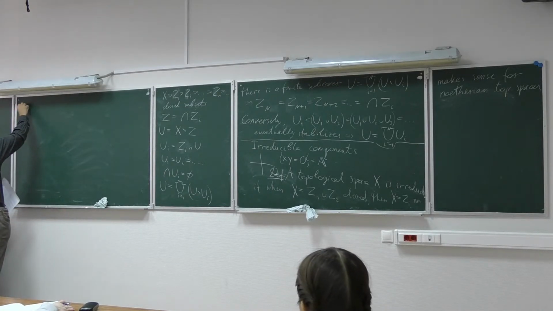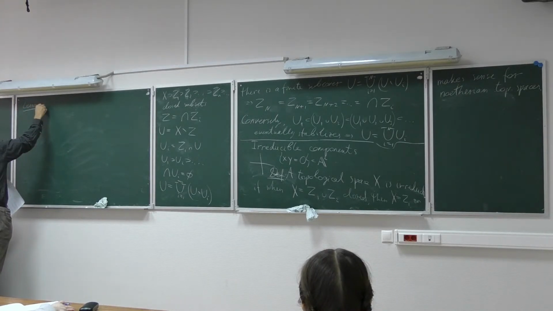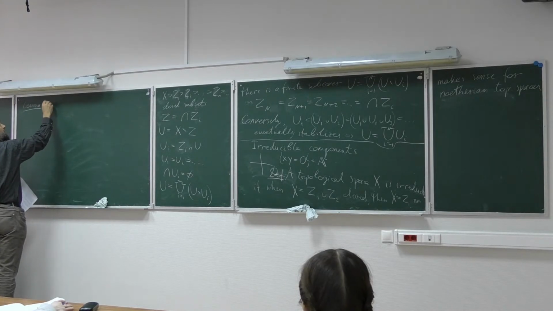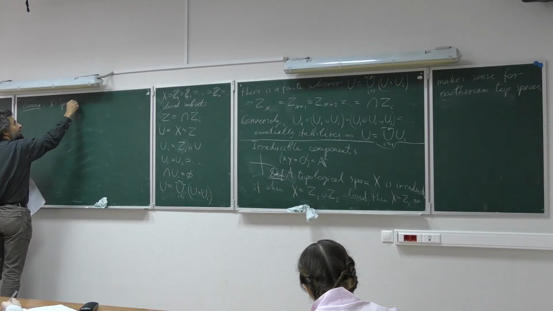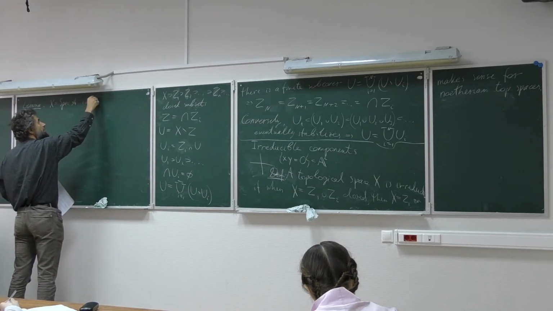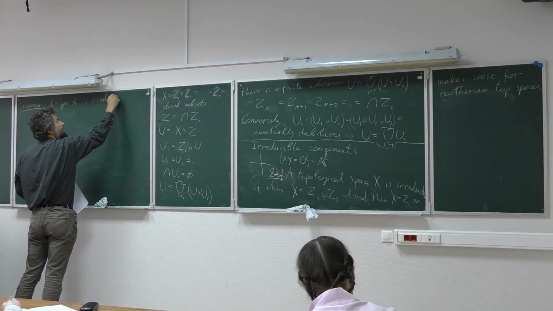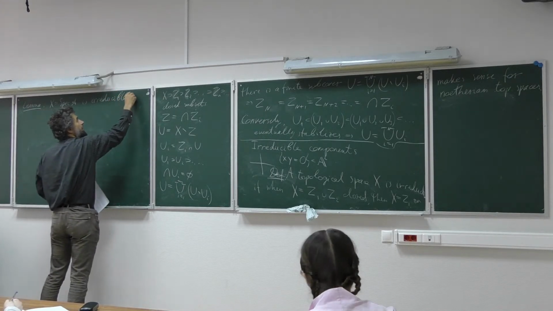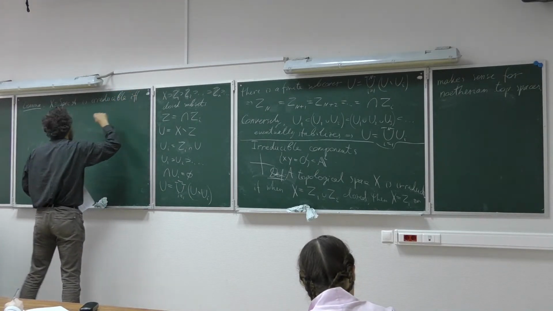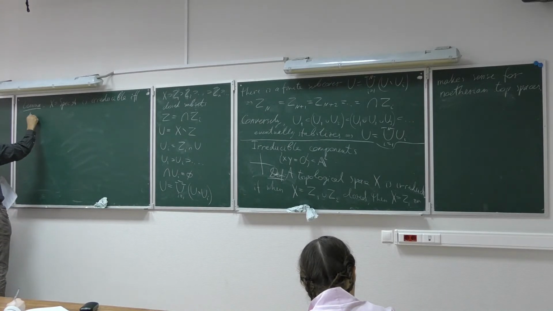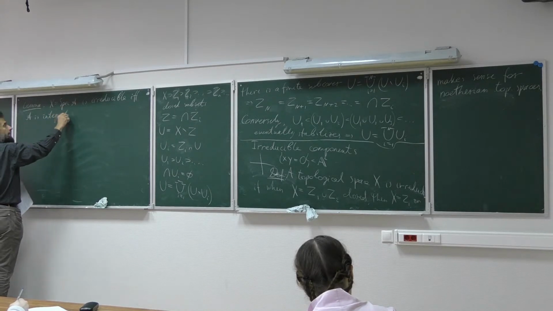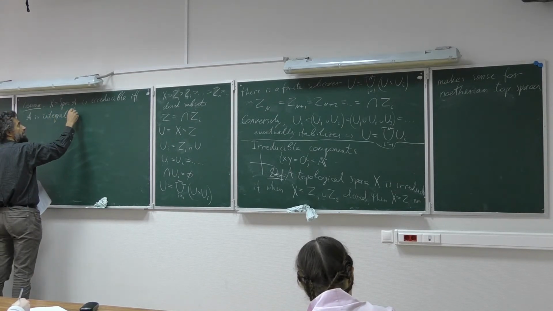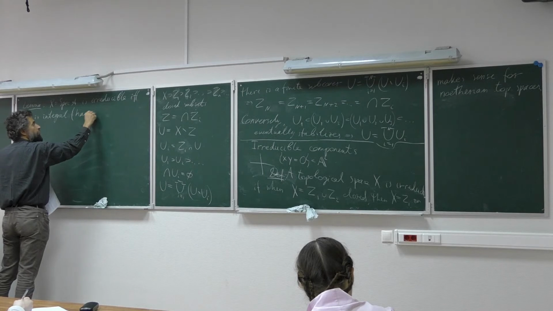Say a lemma: an affine algebraic variety is irreducible if and only if A is integral. That means it has no zero divisors.